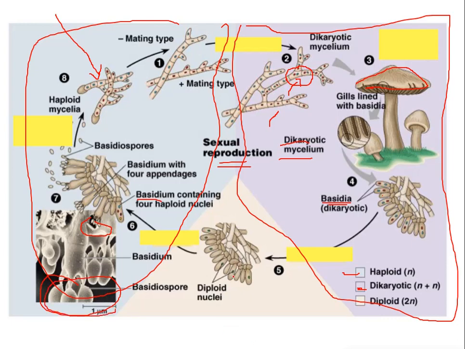Okay, right. It looks like an upside-down clown cap, right? So the bell on the clown cap will be the basidium, and the cap itself will be the basidium, right? Okay.